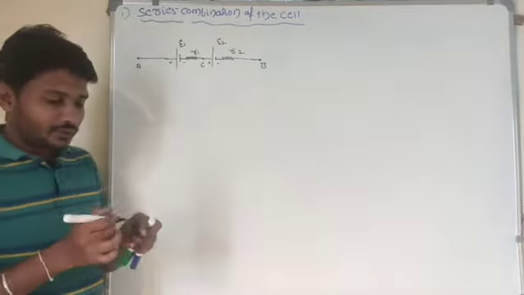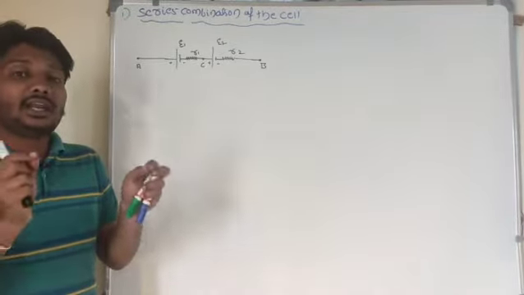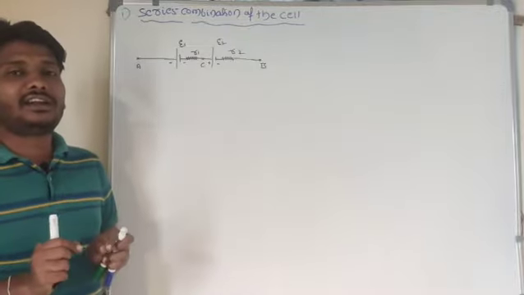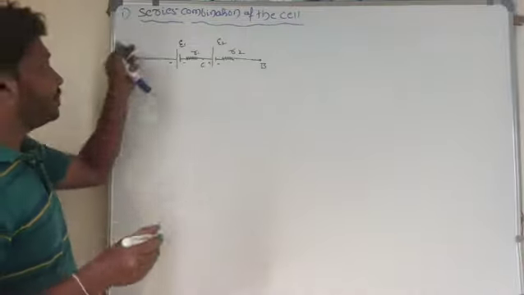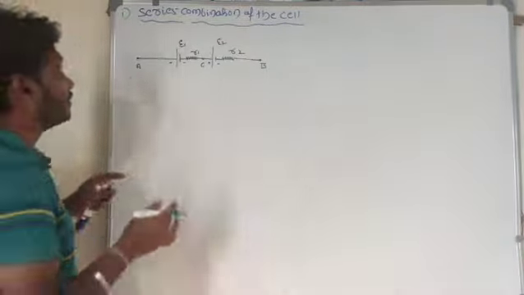Now my intention is to find the equivalent EMF and equivalent internal resistance in case of series combination of cells. It is important for the theory examination as well as for NEET.